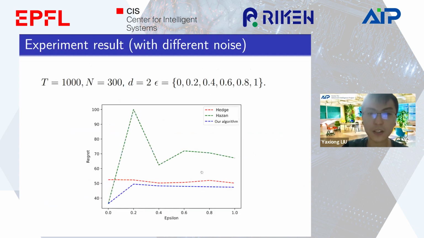In this experiment, we show the performance of our algorithm, Barman's algorithm and the Hedge algorithm under different noise levels. If epsilon is 0, without noise, our algorithm performs the same as Barman's algorithm. If noise exists, our algorithm performs much better than the Hedge algorithm and Barman's work.